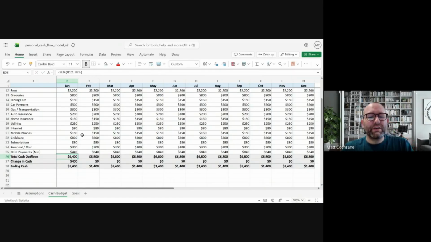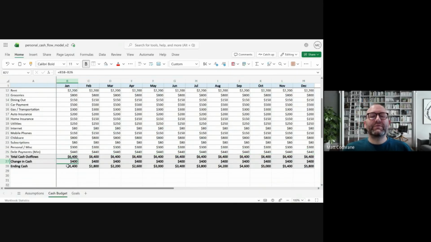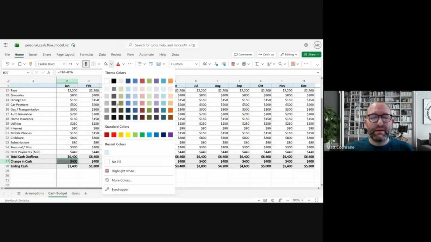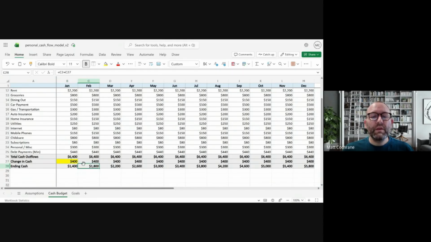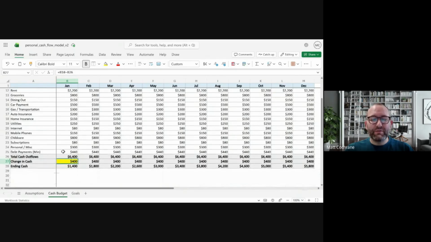I'm just going to make an adjustment here, and pull this over here because we're not going to assume that debt reduction is our goal. What we're interested in is this $400. Let me highlight it, because as you can see, we have our total cash inflows minus our total cash outflows, and we've identified this $400. So the question is, what do we do with that?